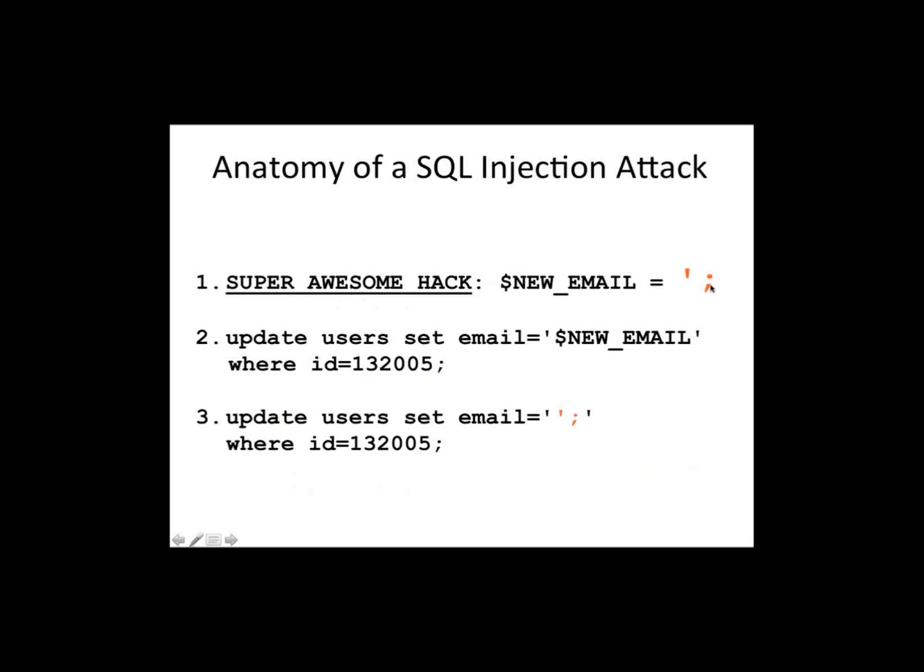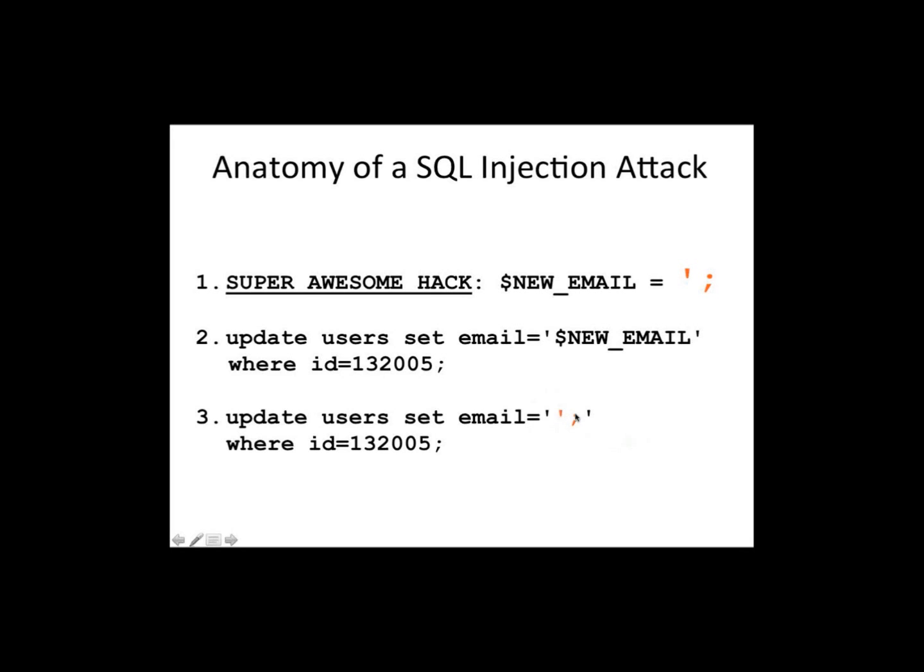So now, when the attacker submits these two characters as their email address, this is the final database query that hits your application. Update users, set email is, quote, the new email, end quote, where the ID is 132005. Now the problem is the attacker is submitting single quote, semicolon as their email address.